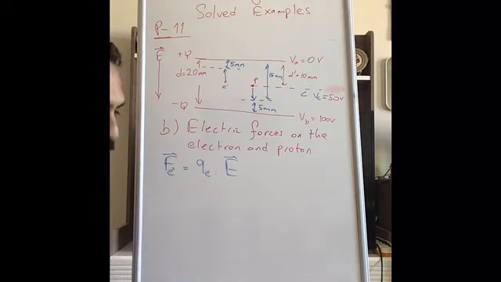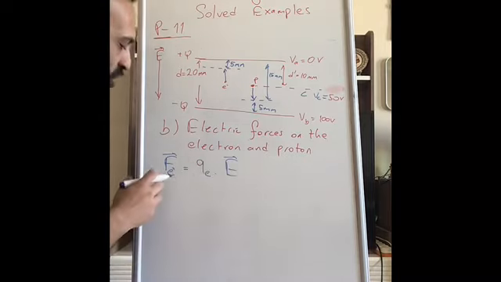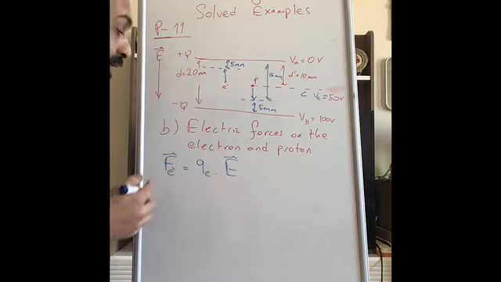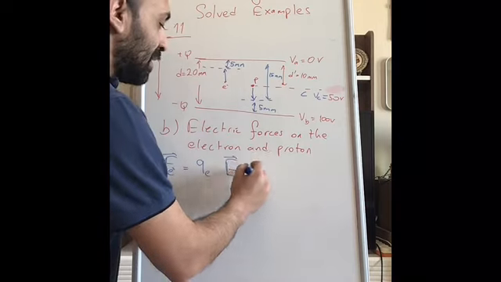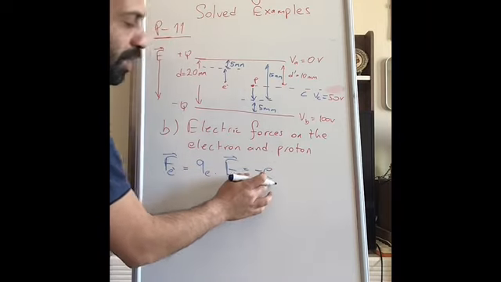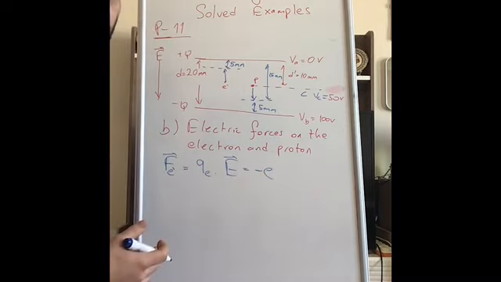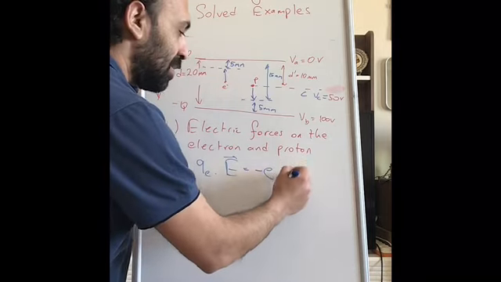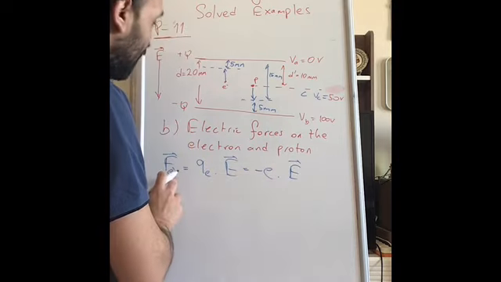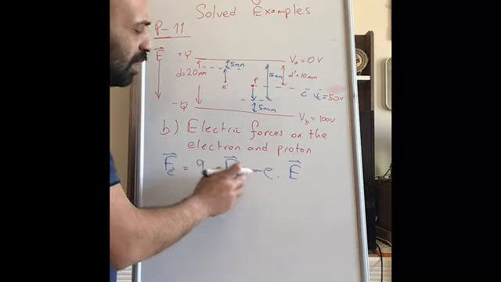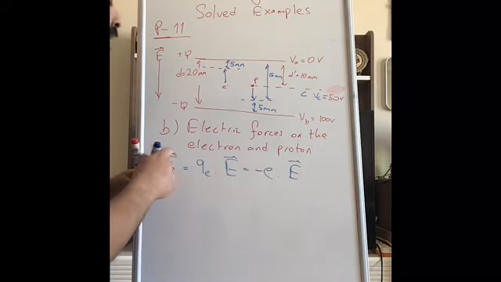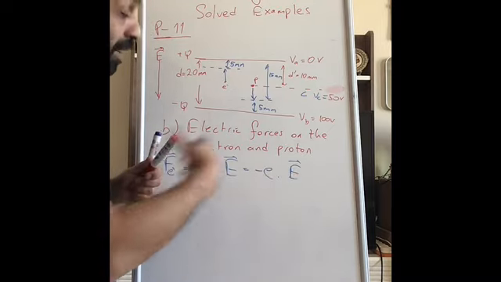See, I mean, we need to write a vector equation because force is a vector. We need to derive the directions of this vector. So QE is negative e. You know what e is actually, 1.602 times 10 to the minus 19 Coulomb, the elementary charge, times the electric field. See, I mean, the electric force on the electron will be in the opposite direction of the electric field.